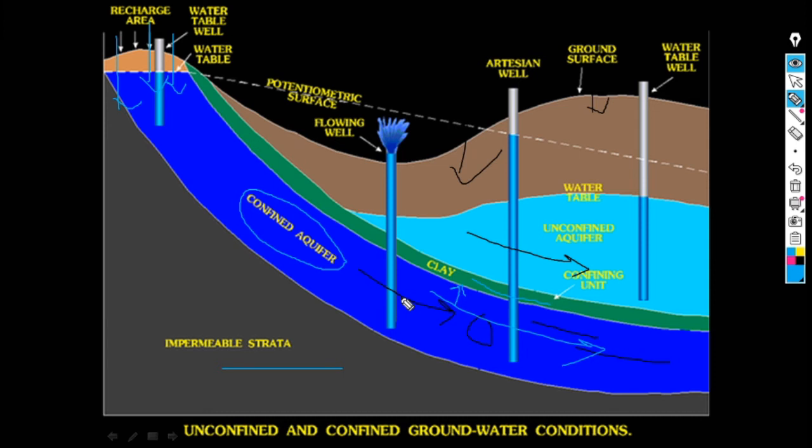So what will happen, when a well is placed in this aquifer, it will just gush out, it will come out, right? It will come out till when? Till it is actually in equilibrium with atmospheric pressure.